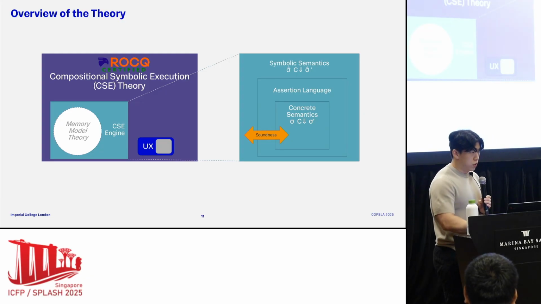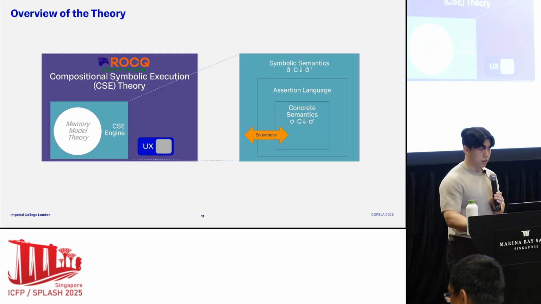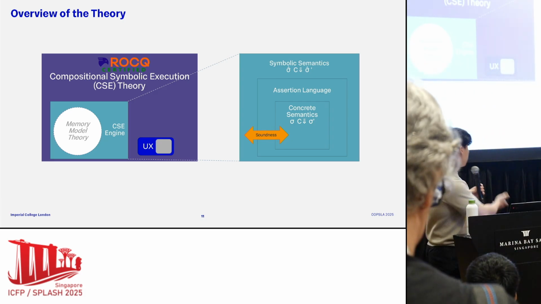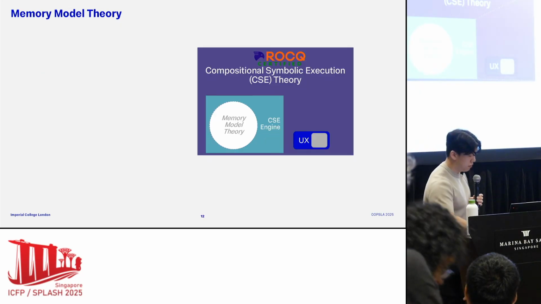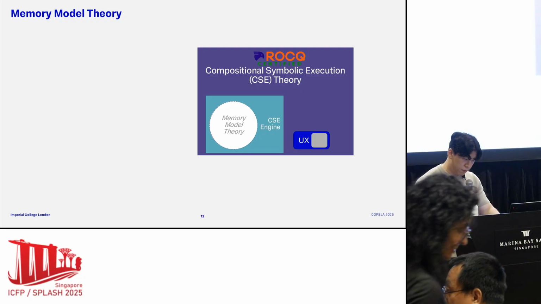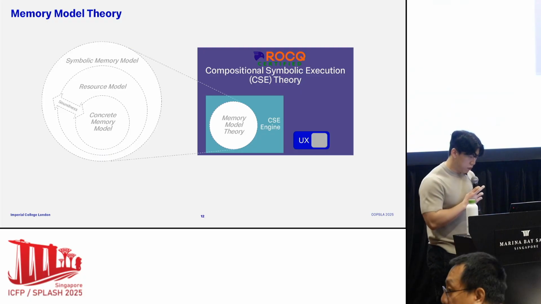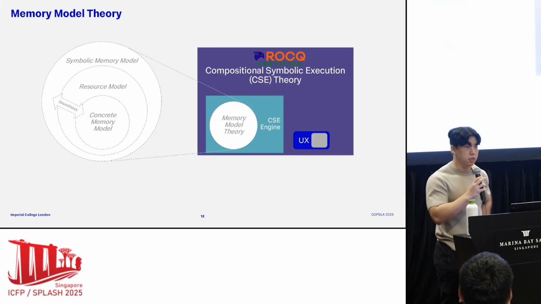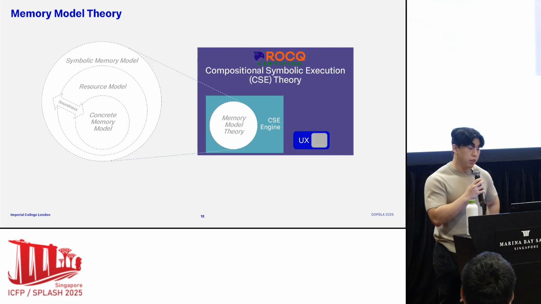To deal with memory-specific stuff like memory actions and spatial resource assertions, this is where the memory model theory comes into play. If we zoom into the memory model theory, we realize we have a structure that's pretty symmetric to that of the CSE engine.